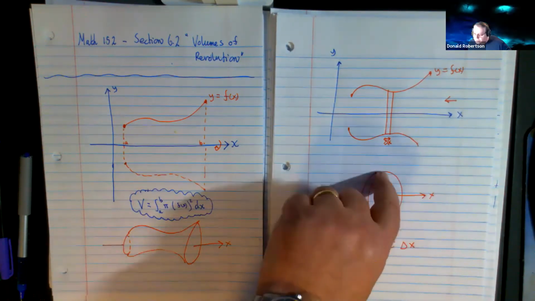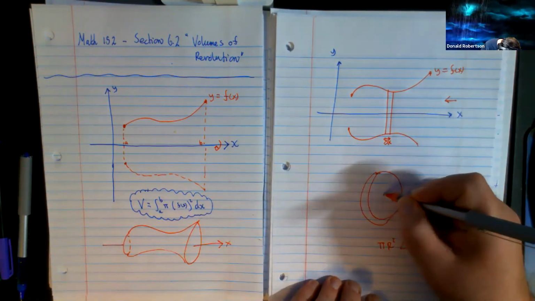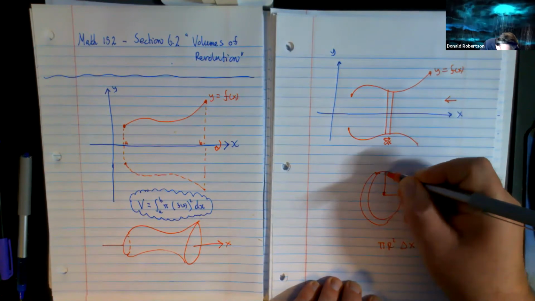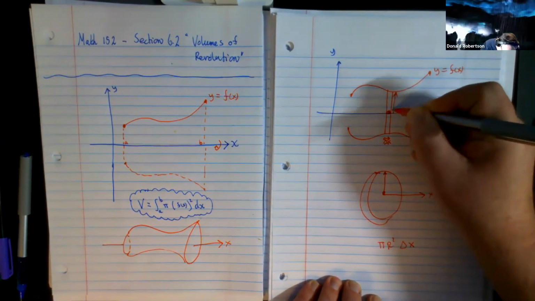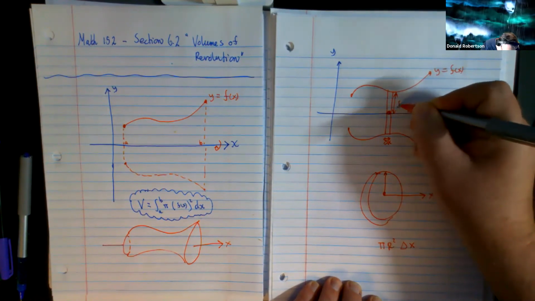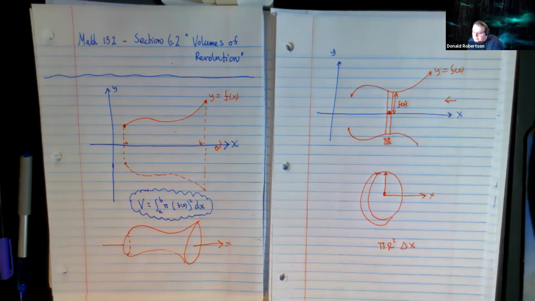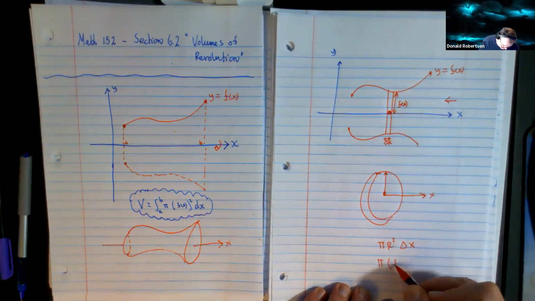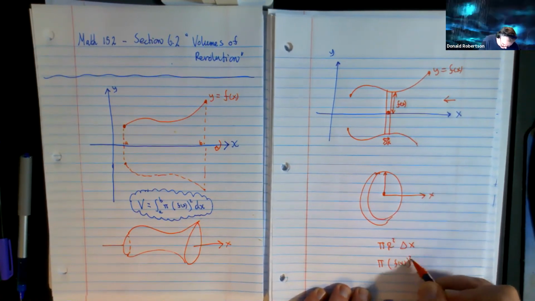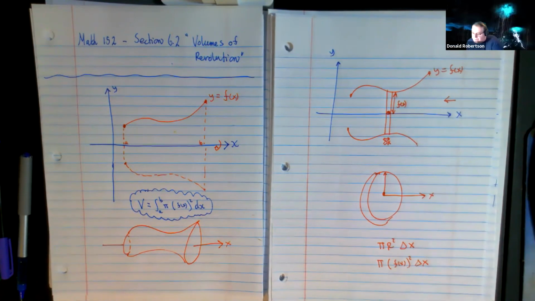If you take that distance and go vertically upwards, isn't this distance the height of the function at that point? So your function becomes pi f of x squared delta x.